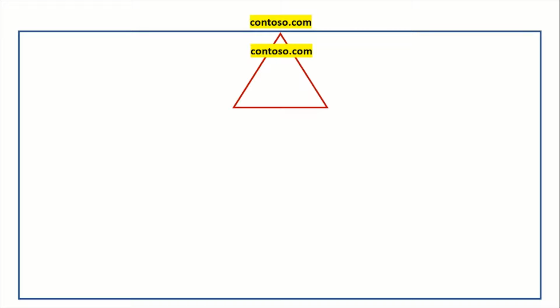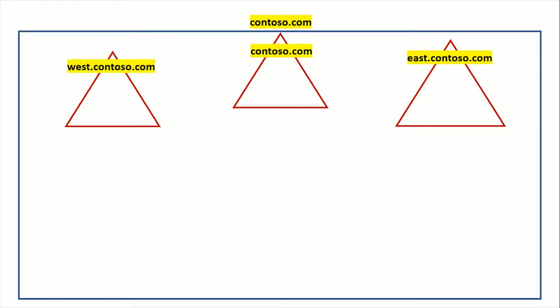So let's take an example of where to use a universal group. We have our forest contoso.com, and we have three domains: west.contoso.com, contoso.com and east.contoso.com. In west.contoso.com we have Peter, Alex and Amanda.